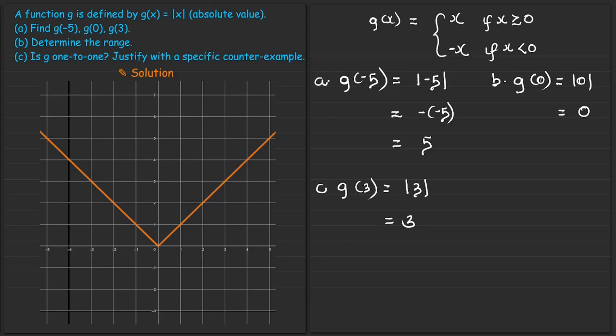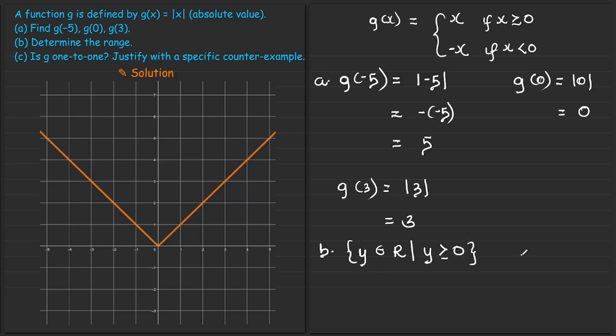So for our range, let's let our range of values be y. So y is an element of R, such that y is always going to be greater than or equal to 0. As simple as that.